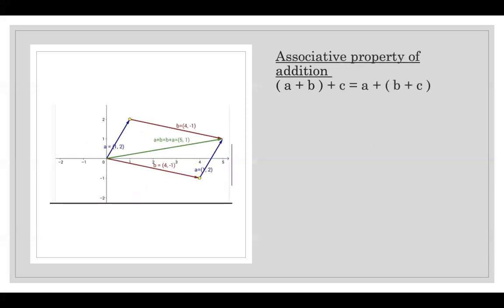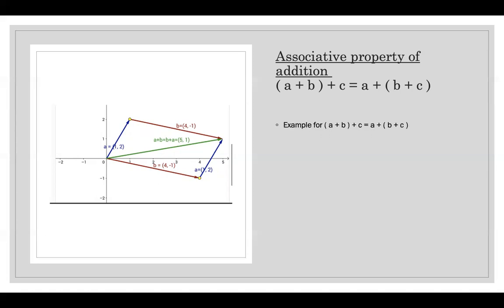So this is another law, called the associative property of addition, which is (a plus b) plus c equals a plus (b plus c). What is the difference? Everyone knows we need to do the bracket first before the normal calculation. So even though you do the bracket a plus b first, or you do the bracket b plus c first, it will be the same.